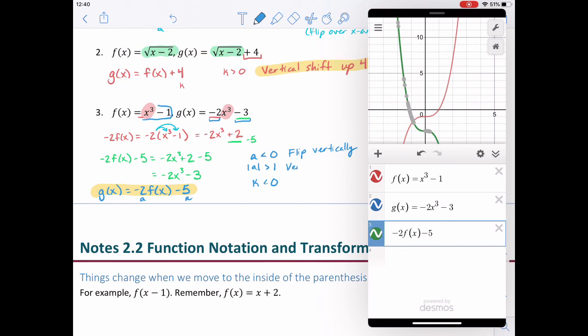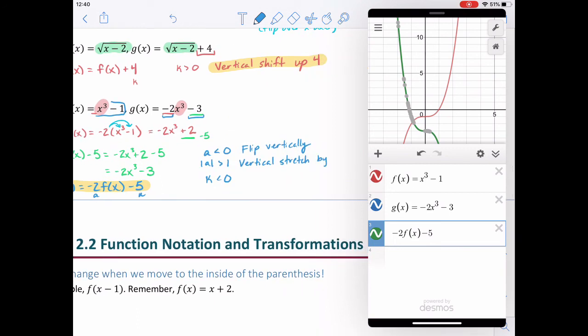We have a vertical stretch by 2, and we have a vertical shift down 5.